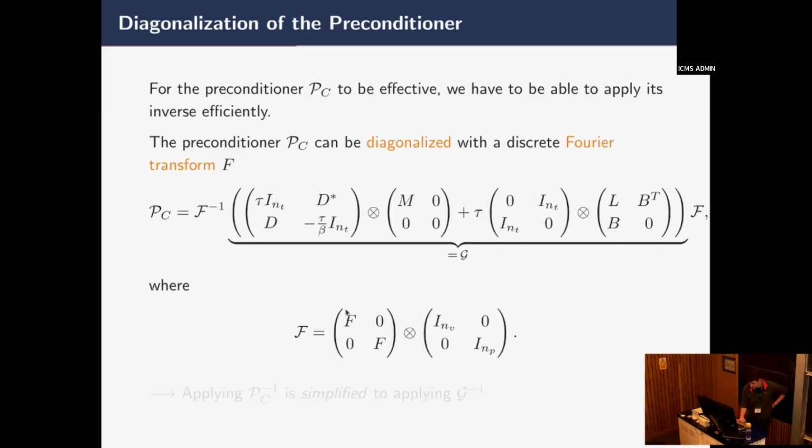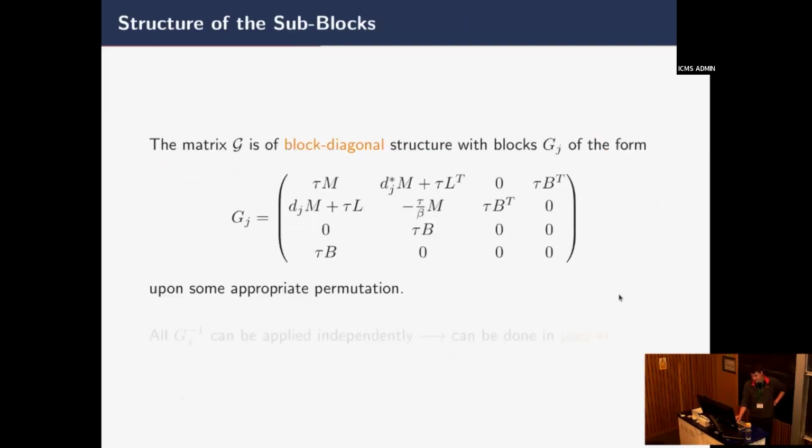Also, just to mention, NV is the number of degrees of freedom for the velocity space and MP for the pressure space. After all, this means that applying the inverse of the preconditioner is simplified to applying this thing in between, because the Fourier transform in this block form can be applied quite easily. And it is simplified because it has a block diagonal structure.